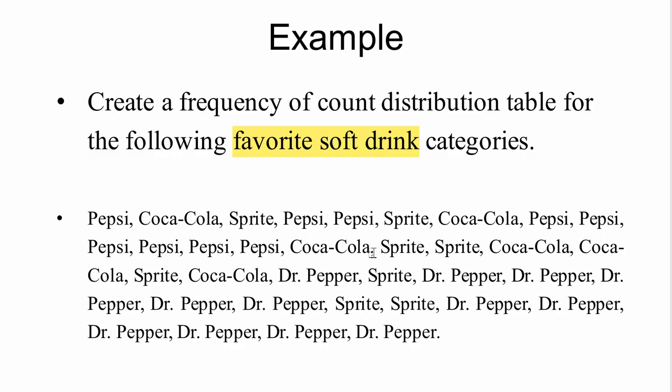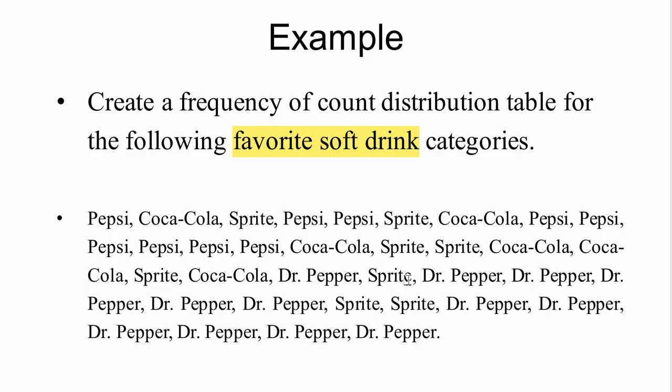So let's first learn how to create the frequency of count, which is one way to summarize our categorical variable data. And then we will learn how to visually represent that. And you will see that there is a clear difference between when the data is in this raw form, when it is in a table form, and when it has been visualized on a bar graph.